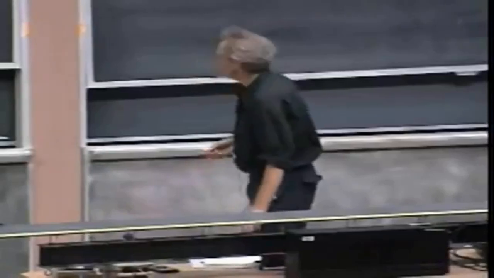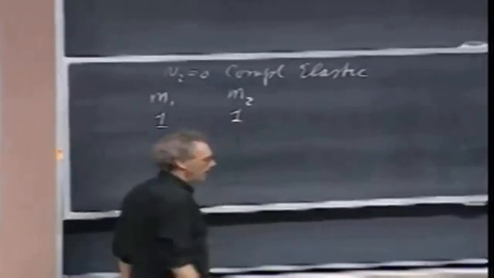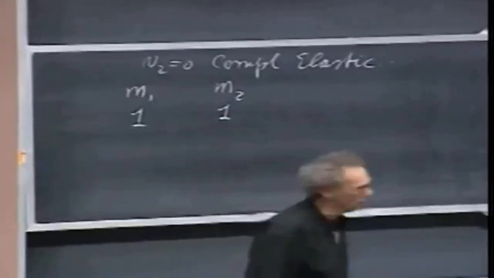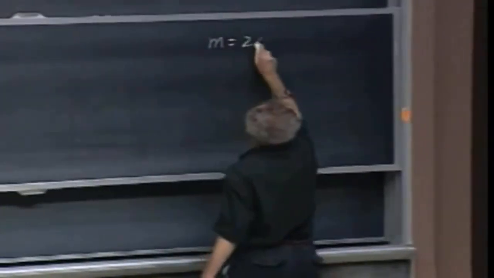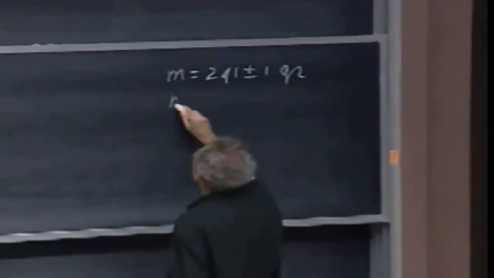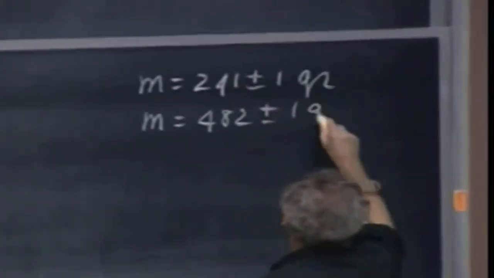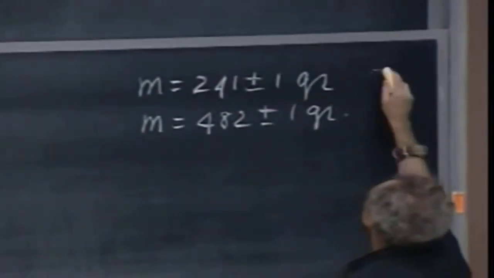So I have one mass of unit 1. I will tell you what that is. And I bang that into number 2. And the masses that I have, one mass is 241 plus or minus 1 gram. And the other mass that I have is 482 plus or minus 1 gram. And I have 2 of these.